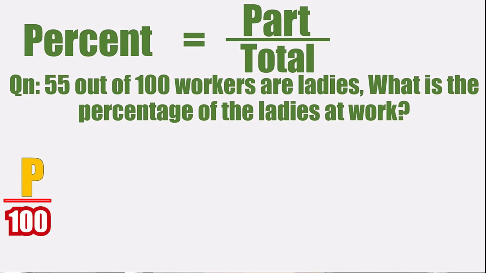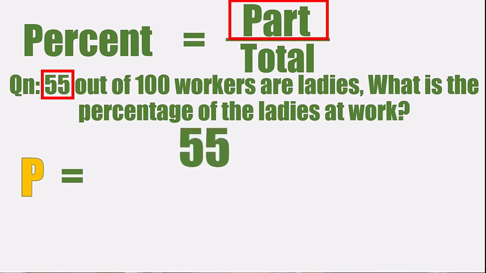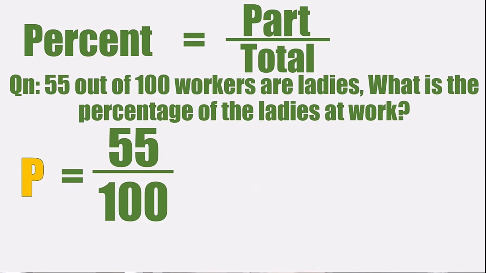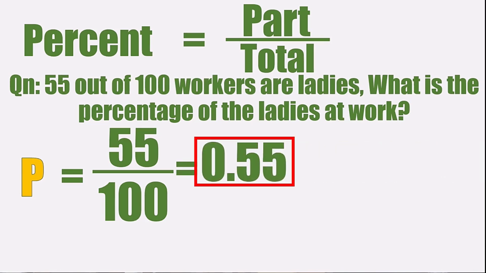So there's that 100 at the denominator, and you need to keep that 100 at the back of your mind because we're going to use it later on. So it's going to equal part, which is 55, divided by the total, which is 100. Now from here I'm going to use my calculator and divide it immediately, and when I do that I'm going to get P equals 0.55.